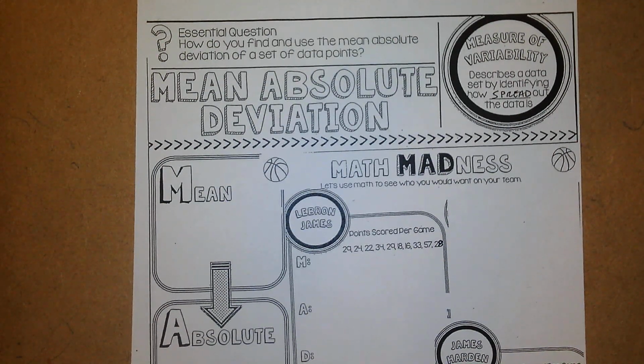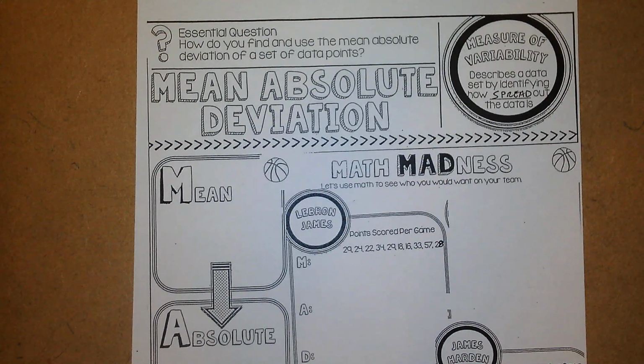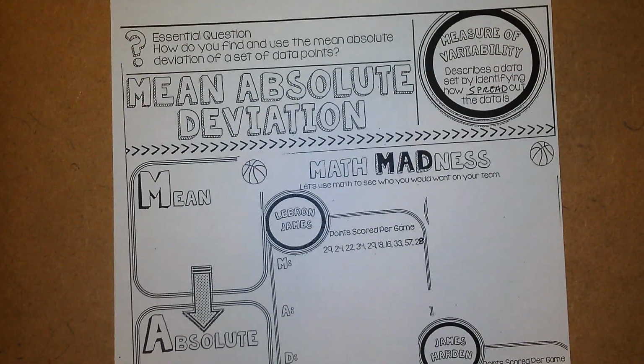Today we'll be taking notes over mean absolute deviation. You can pause this video at any time to stop and take notes on your own and catch up at your own pace. What mean absolute deviation is: we take the average, or the mean, of the set of data.